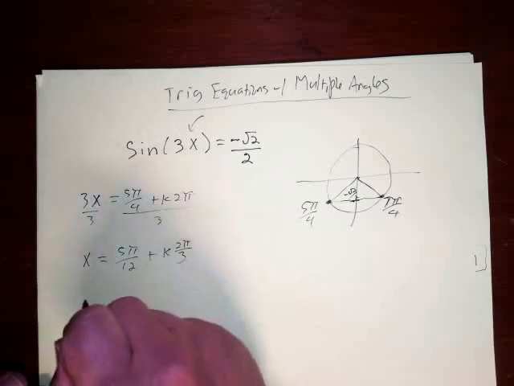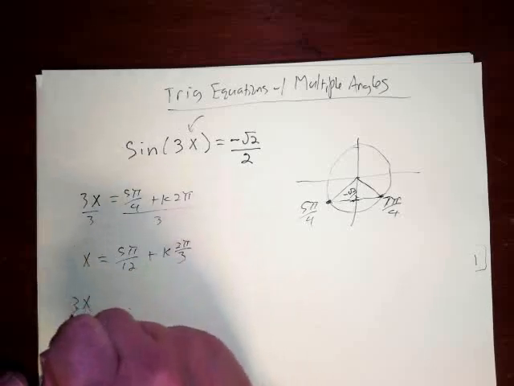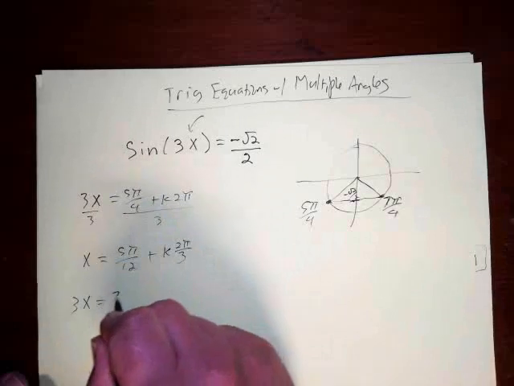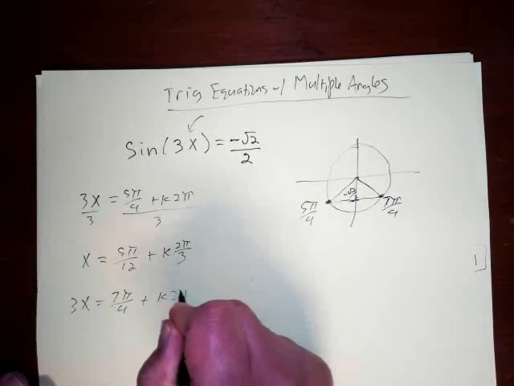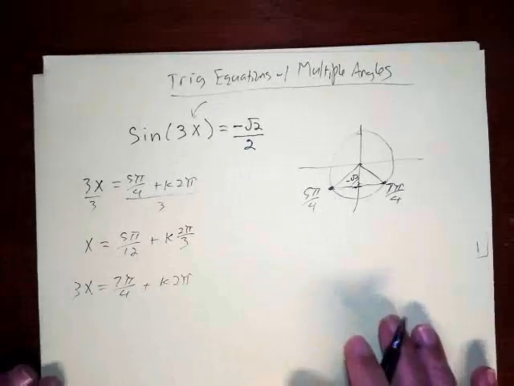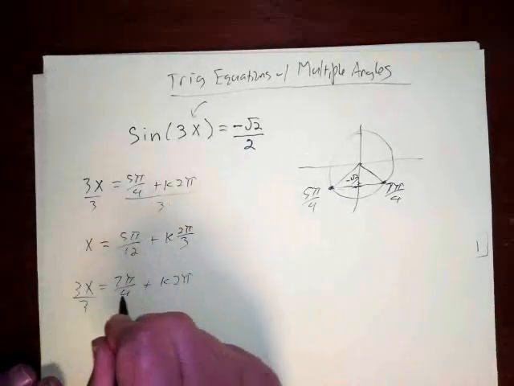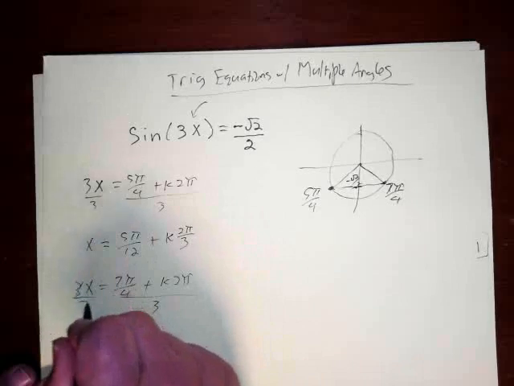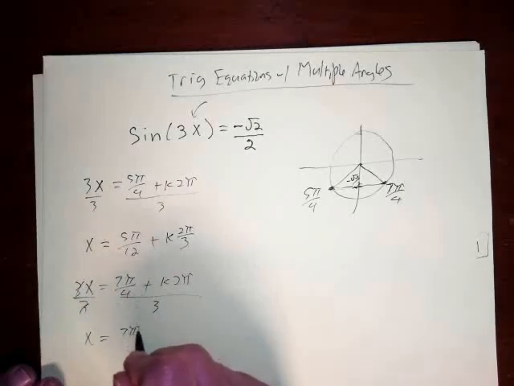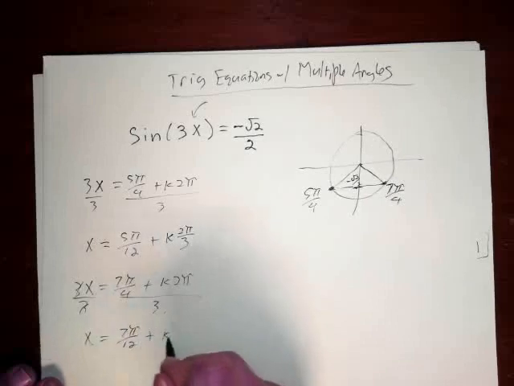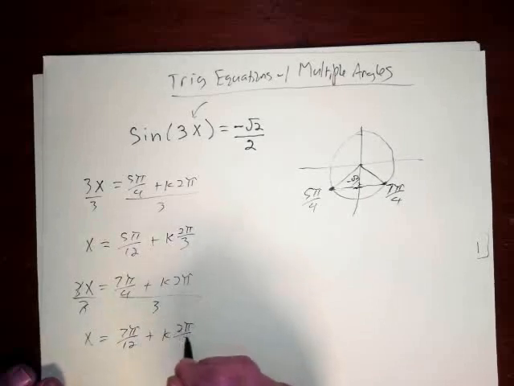And then similarly, 3x has to equal 7 pi over 4 plus k times 2 pi. And so then I divide both sides by 3. That cancels out, and then I get x is equal to 7 pi over 12 plus k times 2 pi over 3.